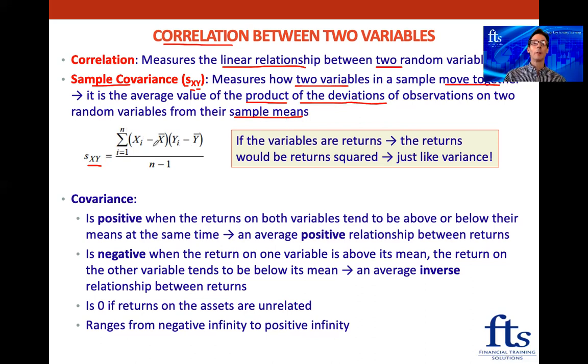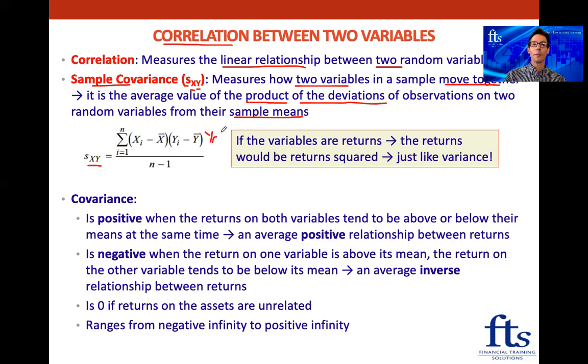But now we're not just looking at one variable on its own. We also need to take into account how the other variable is deviating from its mean. So then we've got the other variable, which is Y. Let's say it's the return on Y, and we see how that return on Y is deviating from its mean. So this, for example, could be for year one.